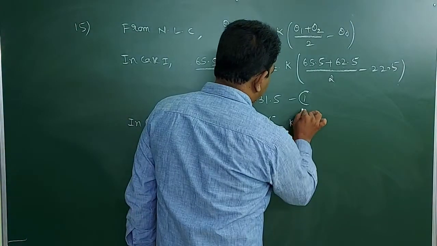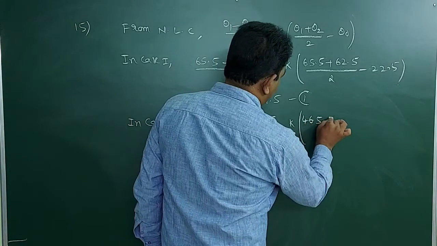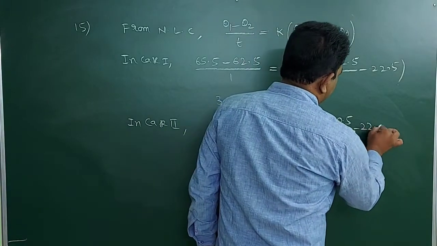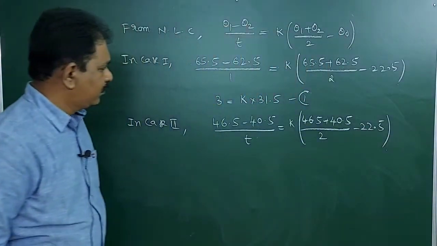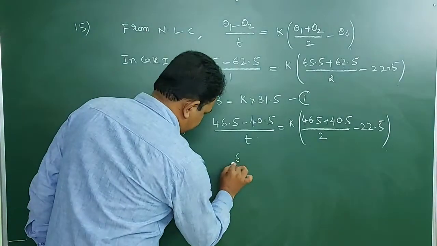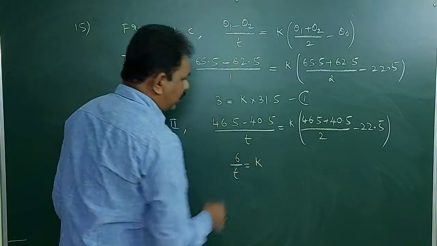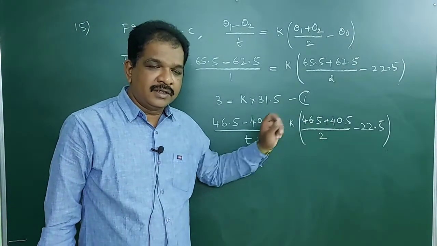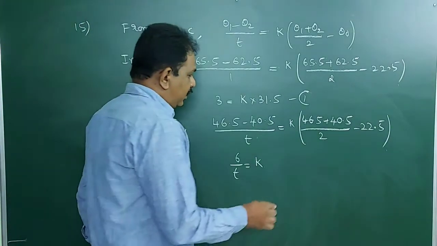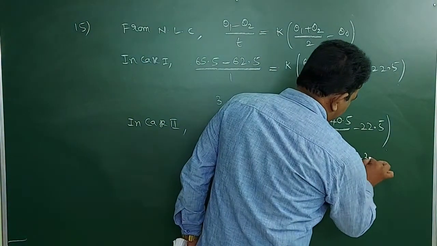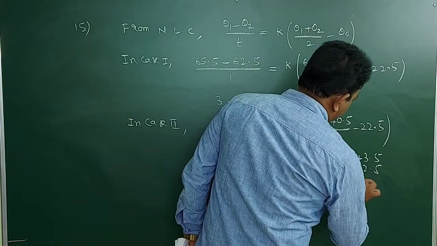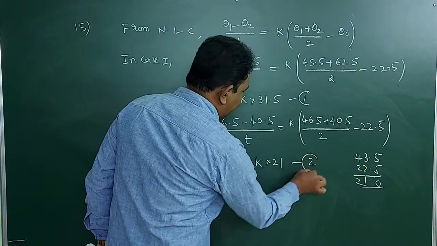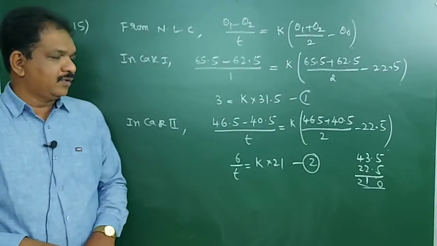K into ((46.5 plus 40.5) by 2 minus 22.5). So this value will be 6 by T is equal to K into this value, 87 by 2 means 43.5 minus 22.5, so this value is 21. Let it be the second equation.